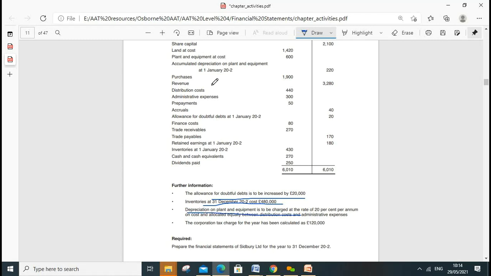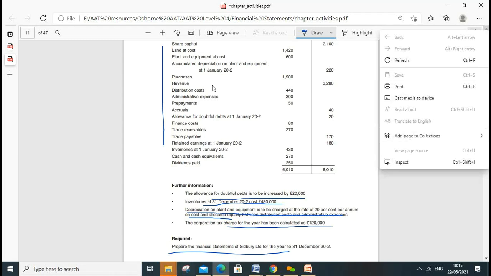Property, plant, equipment, depreciate, yes. We need to use 20% per annum straight line. Corporation tax we've been given, and then we can prepare both statements, profit and loss, and the balance sheet. This is the trial balance we have, which we can use.